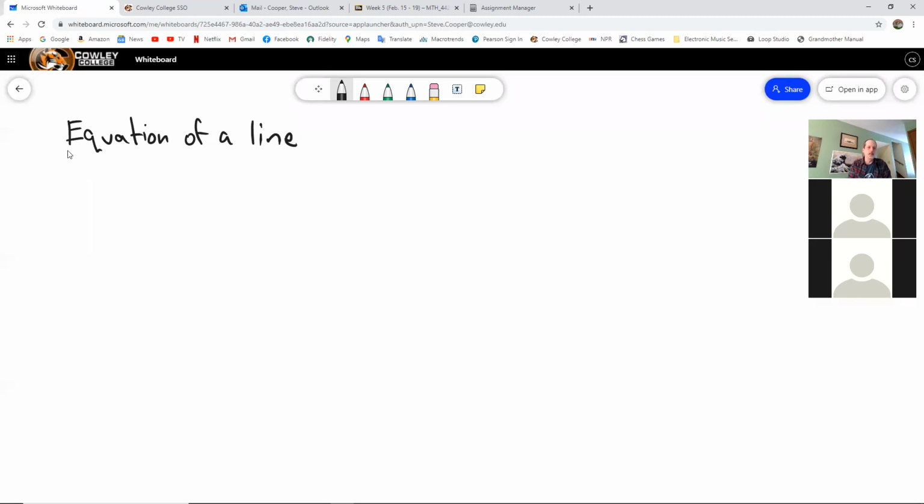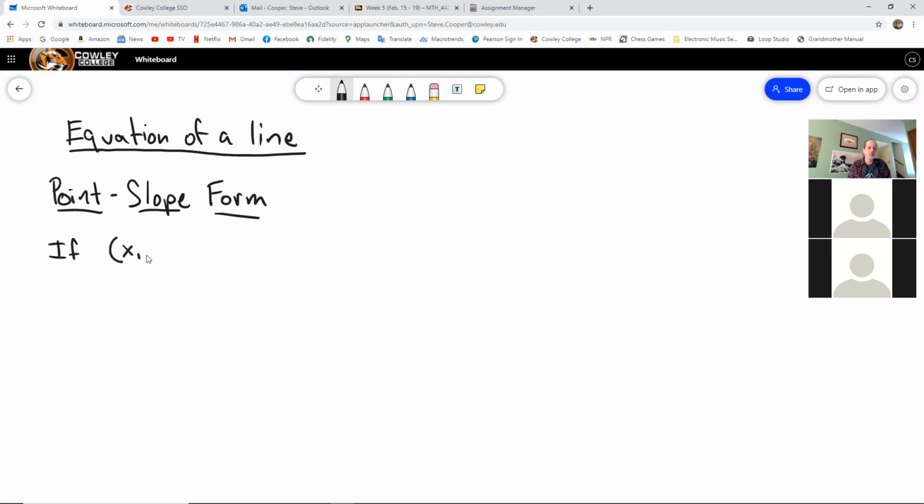So there's one way that we can look at it called the point slope form. And this says if x1, y1 is a point on a line, slope m.